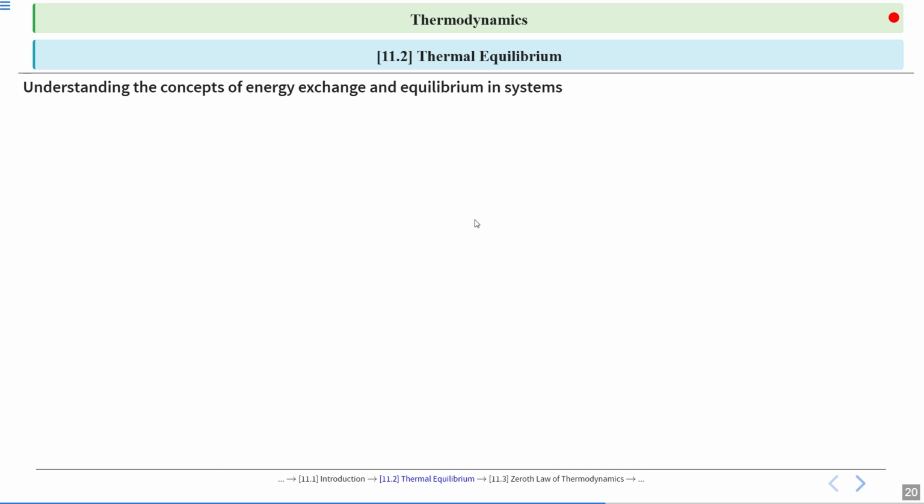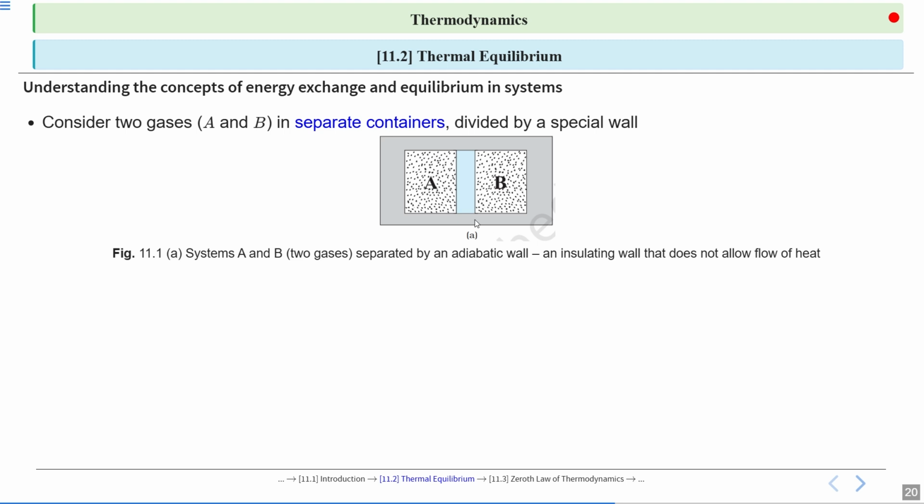Let's take an example. Suppose we have two gases, A and B, that are separated by an adiabatic wall. So these two systems, system A and system B, are separated by an adiabatic wall, an insulating wall that does not allow flow of heat between the two systems.